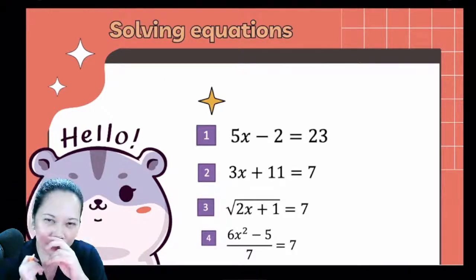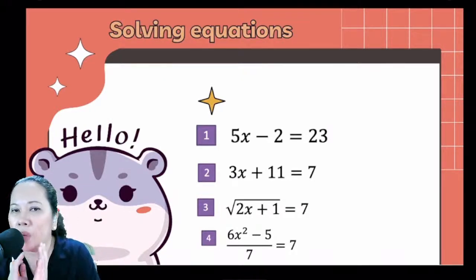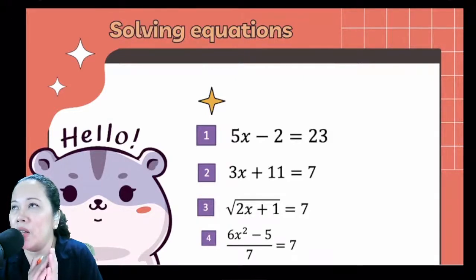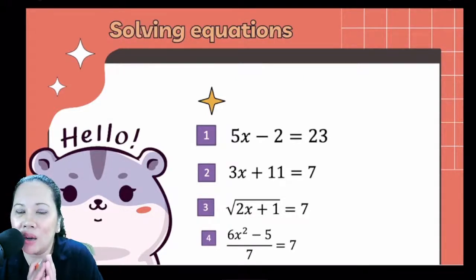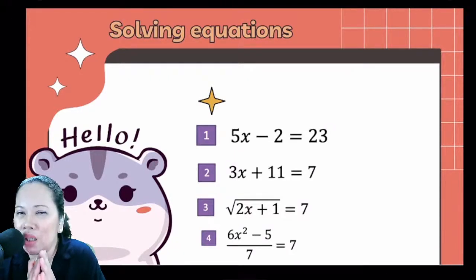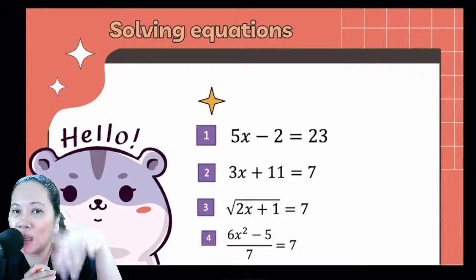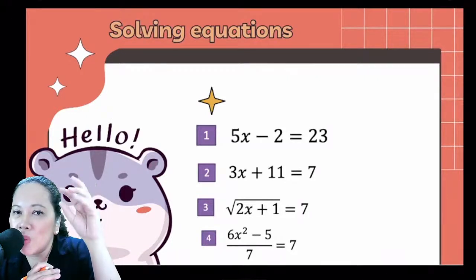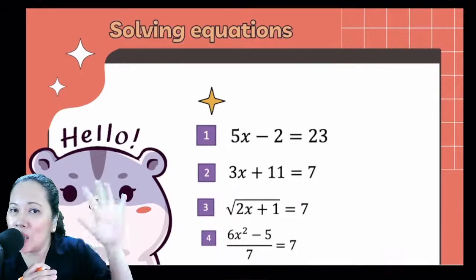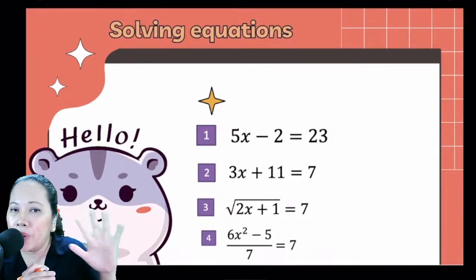So when we do solving an equation, the most thing that you have to remember is that you have to isolate whatever is a known or whatever you are solving on one side of your equation. So for this case, if you would notice, from 1 to 4, it's all x. So which means we have to isolate x on one side of the equation all throughout.